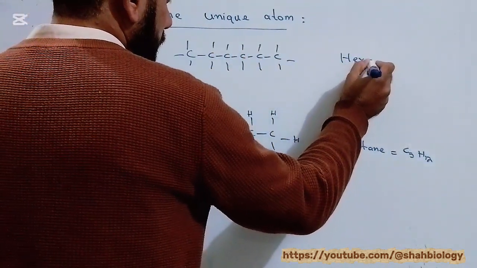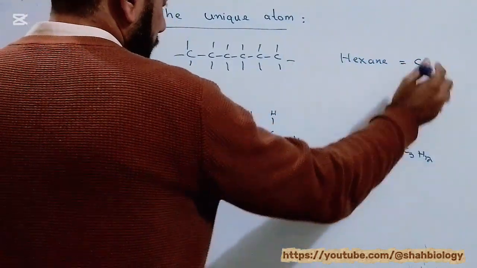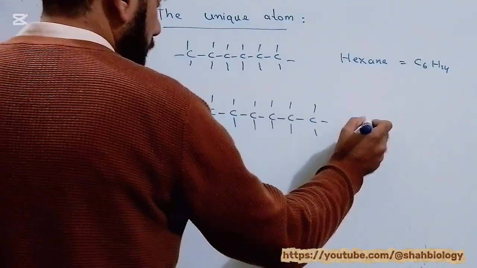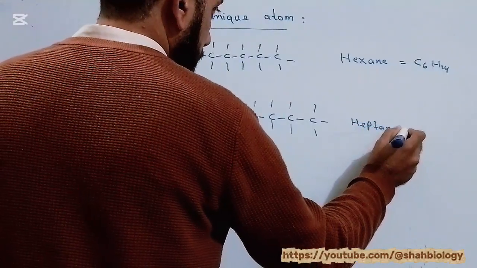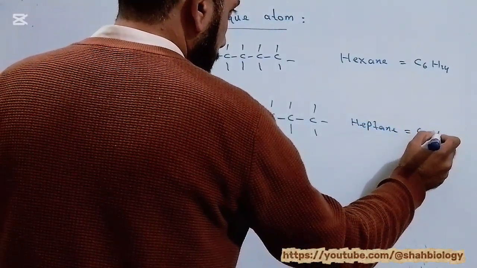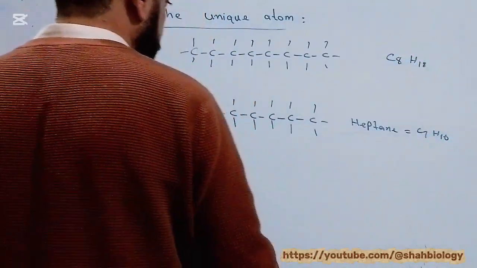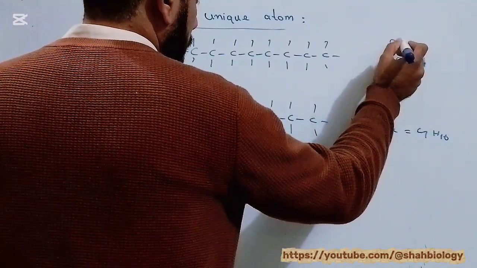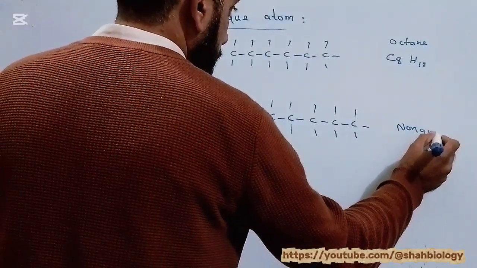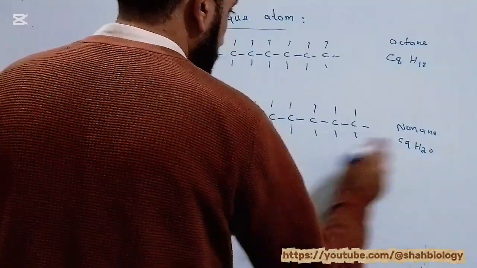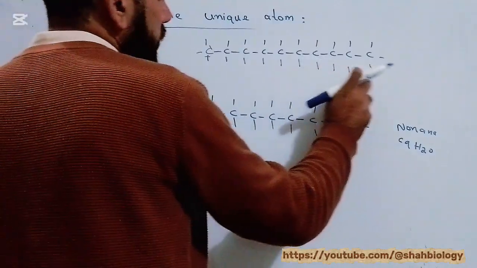Hexane, C6H14. Heptane, C7H16. Octane, C8H18. Nonane, C9H20. They are forming in this fashion, having long chains.